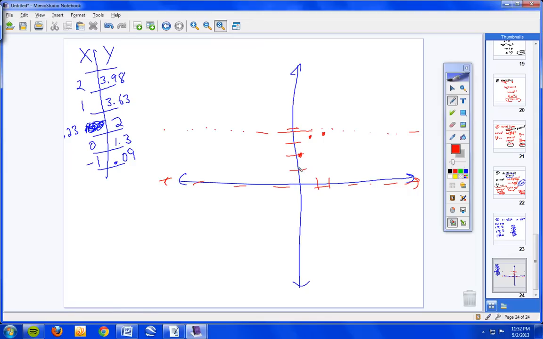And then at 0 is 1.3, and then negative 1 is at 0.09, so way down here low. So it looks pretty accurate to the S shape you're supposed to get. This graph will always stay between the two horizontal asymptotes. Okay, so there we go.